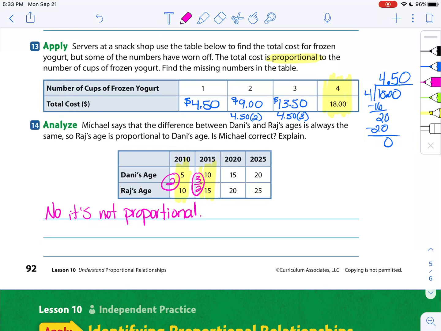We know that it's not proportional because they don't have equivalent ratios. And we found that they don't have equivalent ratios by dividing.